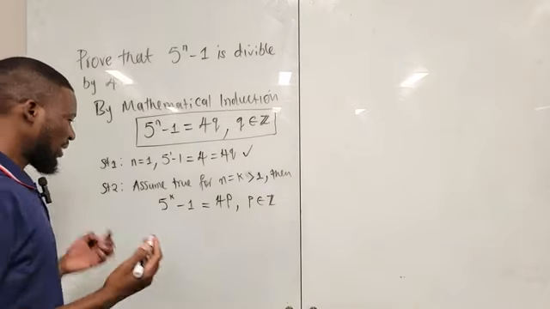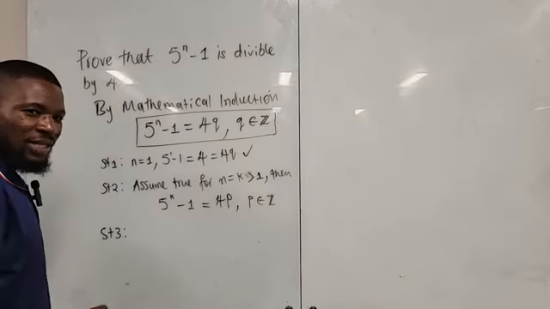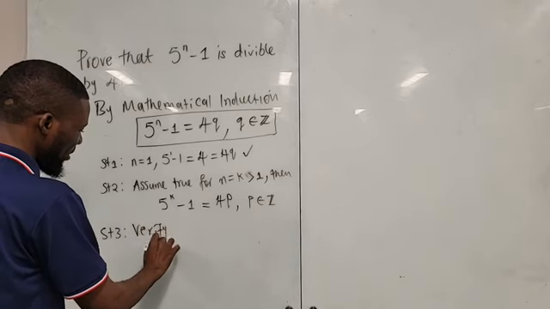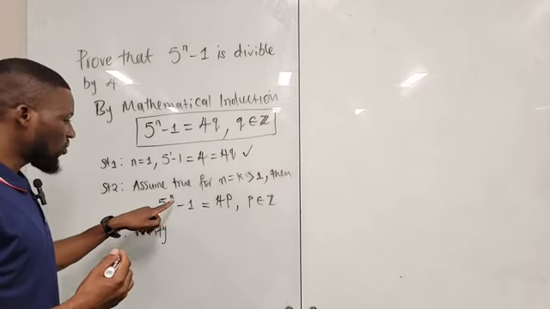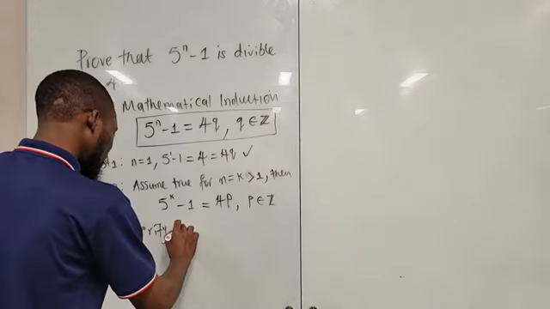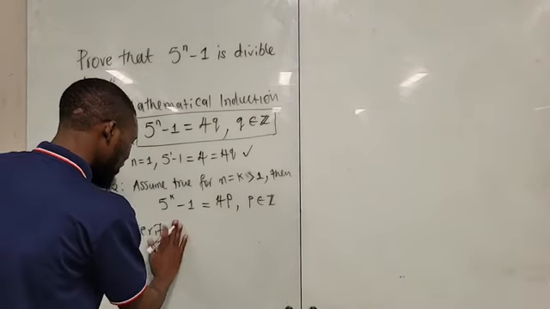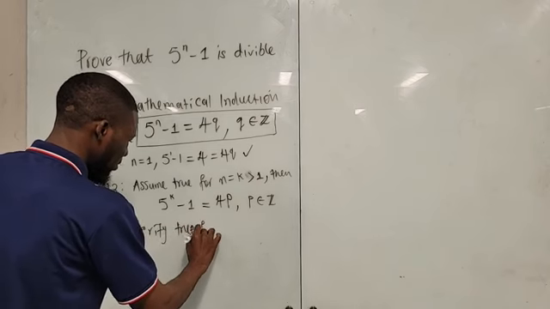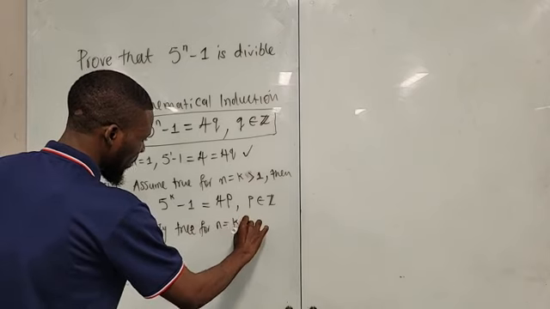Okay, now step 3, our task is to verify, or deduce, that this is also going to be true when we add 1 to k. That is, verify true for n is equal to k plus 1.